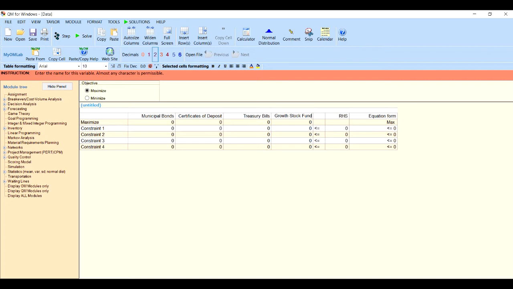For some reason, my QM had defaulted to 2 decimals right here. If that's happening, all you have to do is enter the decimal places right in this location.